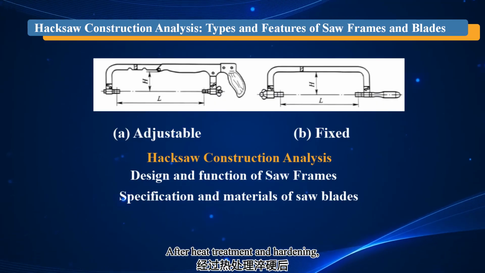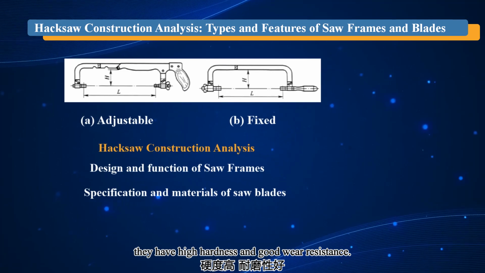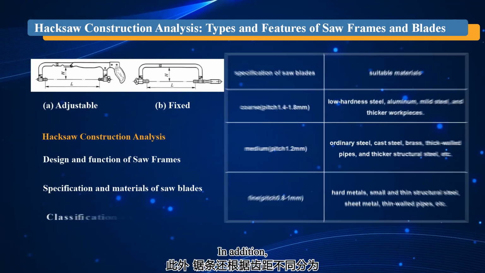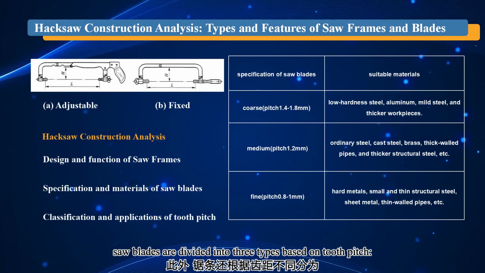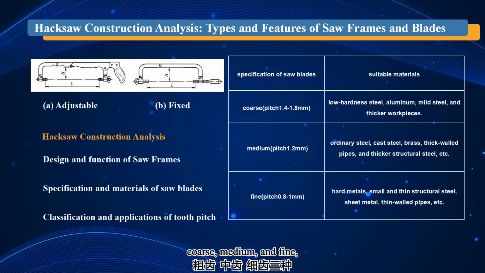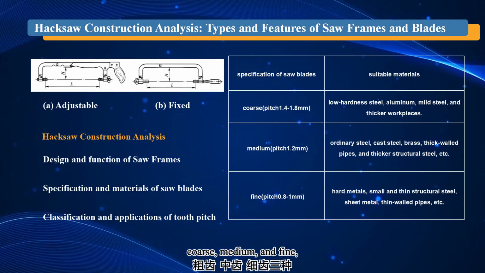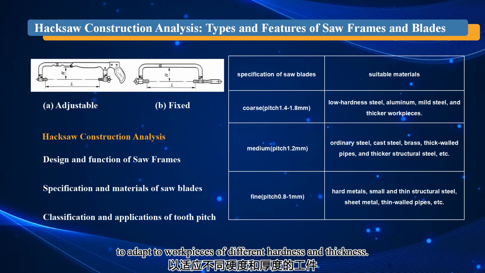After heat treatment and hardening, they have high hardness and good wear resistance. In addition, saw blades are divided into 3 types based on tooth pitch: coarse, medium, and fine, to adapt to workpieces of different hardness and thickness.